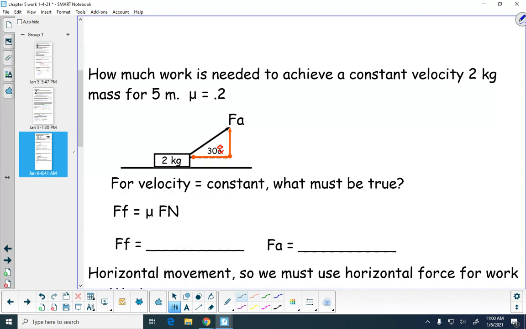That's okay. We still have our force normal, which is our weight. That's going down, and we're equal but opposite that going up. If we take a look, and this goes back to what we've done in the past, this is our F applied sine of 30 degrees.